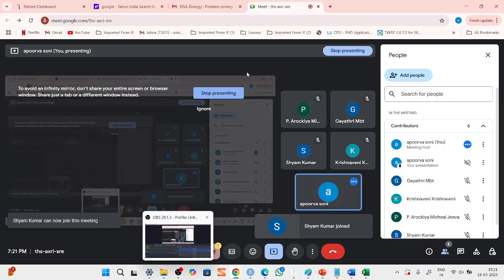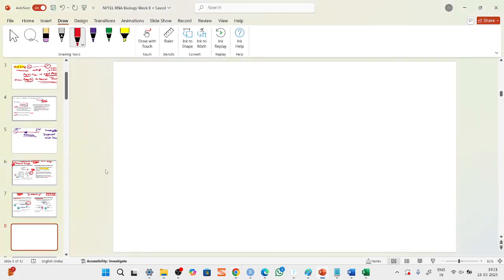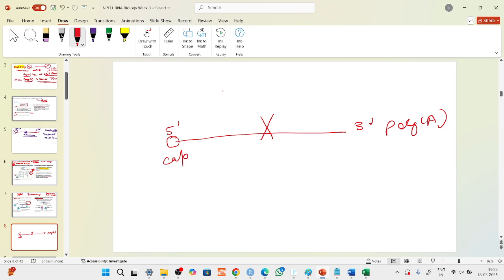See, again, the same thing is happening. This is my mRNA. This is the 5' end. This is the 3' end. Some endonuclease came and it cuts in between. Here it is the cap. Here it is the poly A tail.